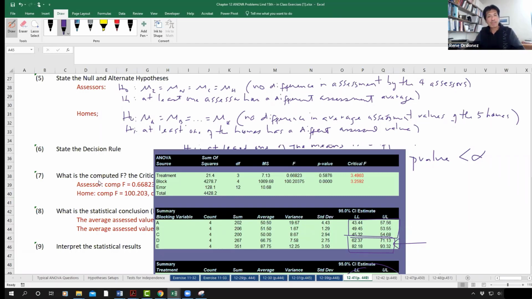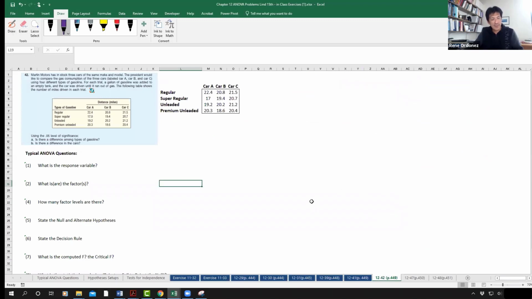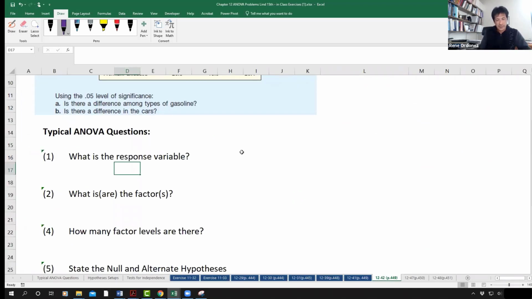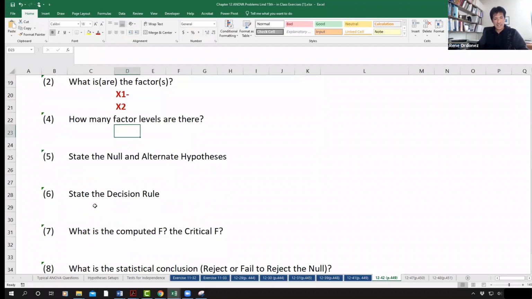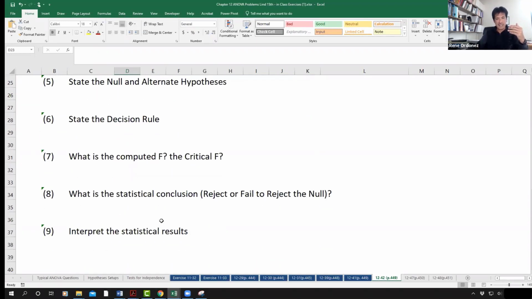Okay, good. All right, one more. Why don't you do this on your own? I'll give you 5 minutes. So identify the Y, identify X1 and X2, and then determine the number of factor levels, set up the null and alternate hypothesis, the decision rule, and then complete these 7, 8, and 9.